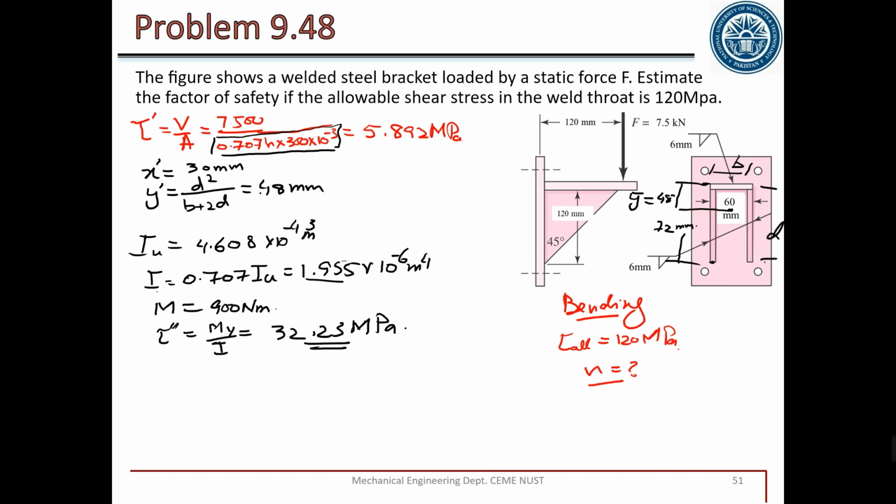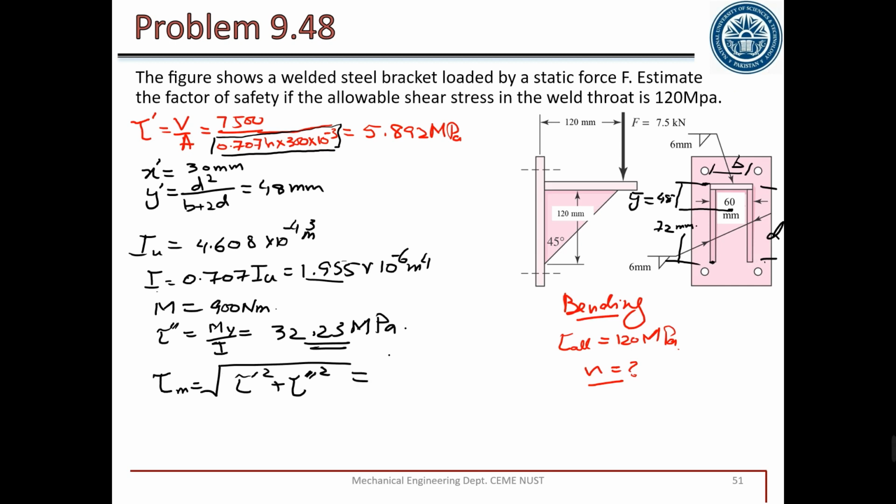But in this case, we have only primary and tertiary shear. So to calculate tau max, we only need those, because we know that primary is uniformly distributed everywhere and tertiary is maximum here. So the maximum resultant will be at this or this end. So tau max is equal to the square root of tau prime square plus tau triple prime square.